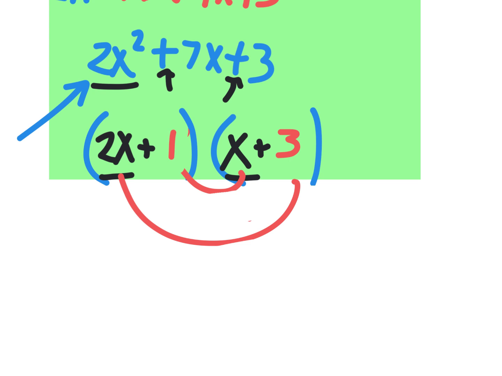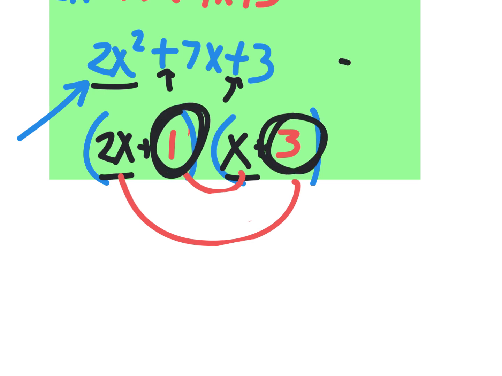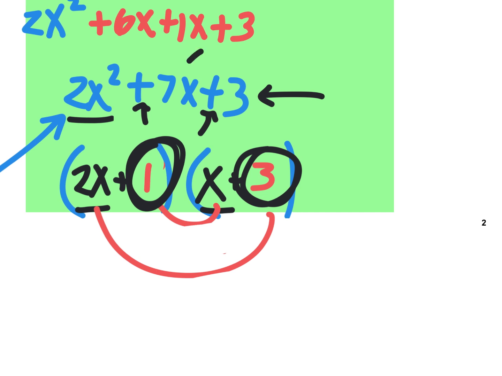Now, the thing that I told you the other day, and I think some of you thought I was crazy, was I said it won't always multiply to these and add to these. Because look, the 3 and 1 add to 7. No, they don't. So that was a good trick when the problems were easy.